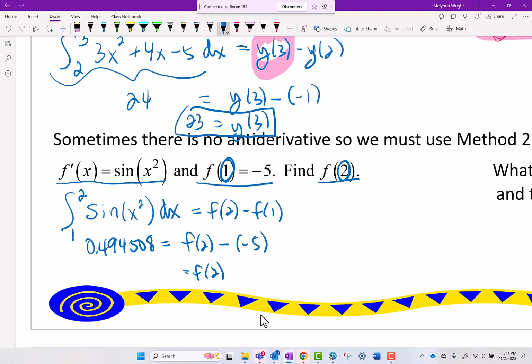So we add the 5 over, and we get, actually we're subtracting the 5 over because it's being added. We get -4.505. So that's an example of where we really have no choice but to use method 2, because we can't actually find the antiderivative by hand.